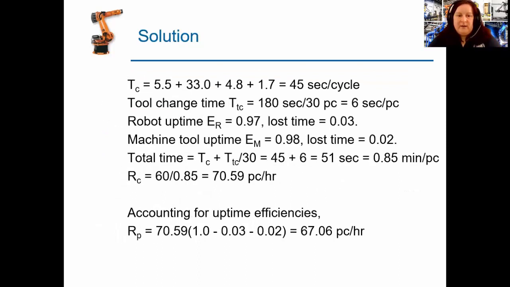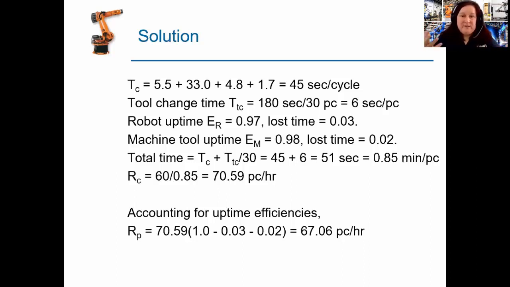So here, if we want to define how many seconds per cycle, we put all of these times together: 5.5, 33, 4.8, 1.7. So we need 45 seconds per cycle. For the tool change time, we will split that time: we need 3 minutes, and we have 30 pieces.